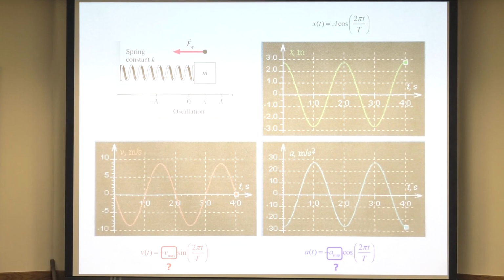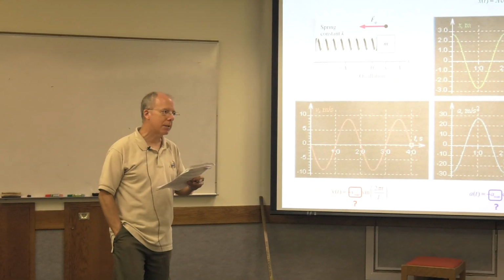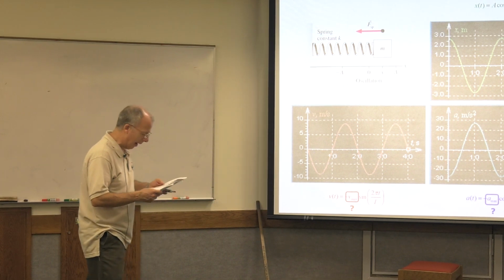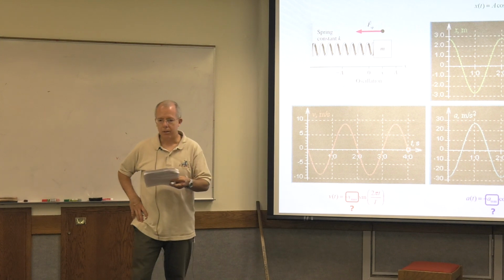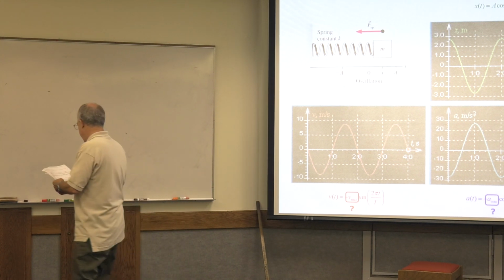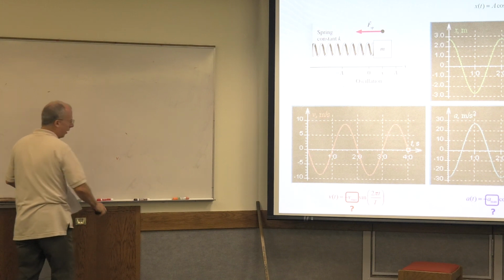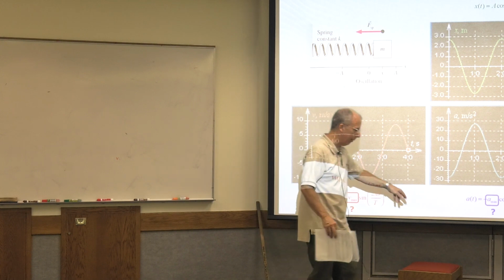So the first time I taught this class, I used like 10 slides, and I showed all the math, how to get the v max and the a max. And I thought to myself, man, that's a waste of time. So right now, I'm not going to do that. I'm just going to give you the answers, because I don't think it's really super crucial that you know how to calculate v max and a max.